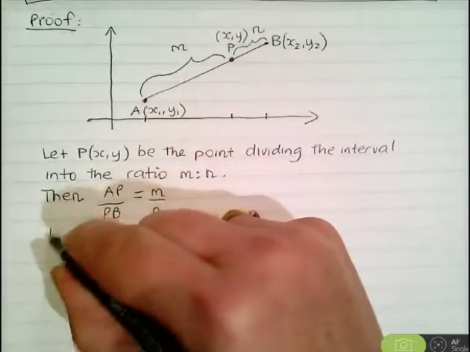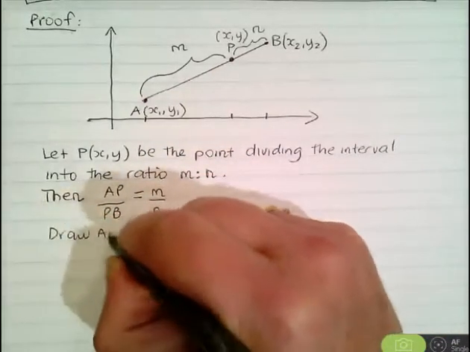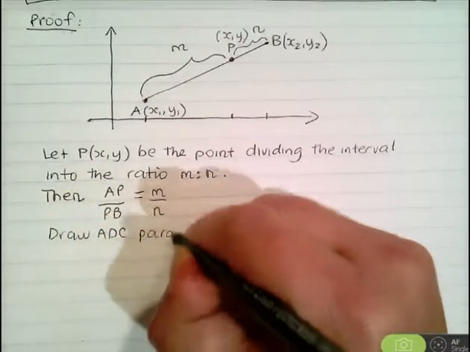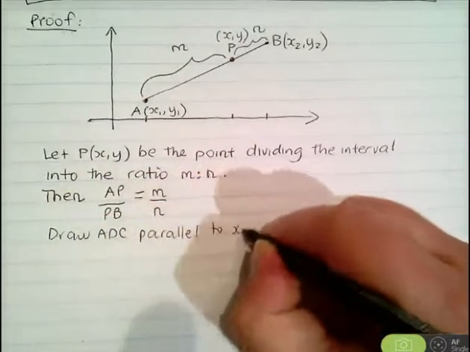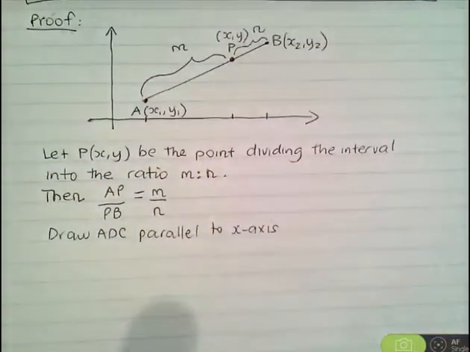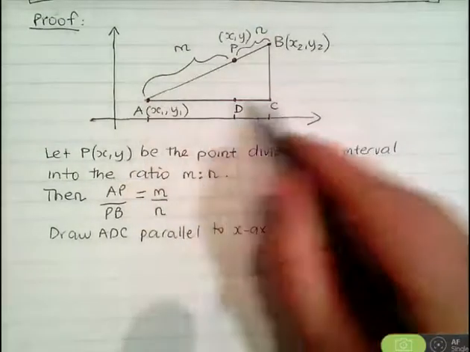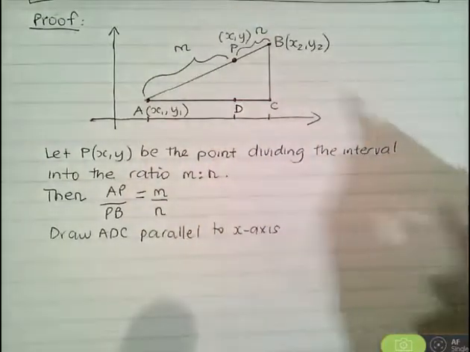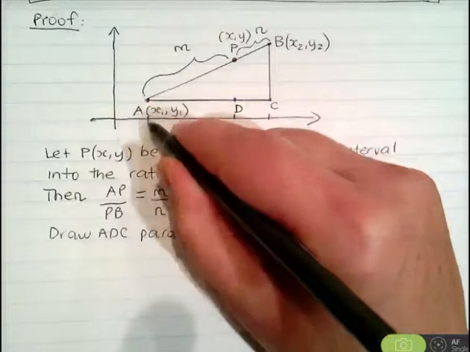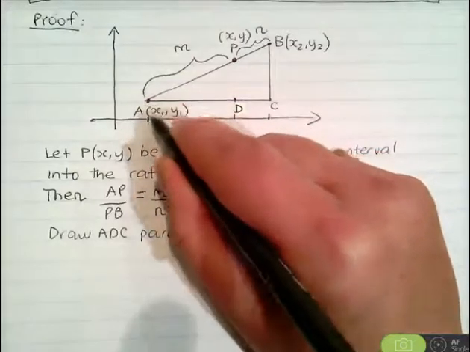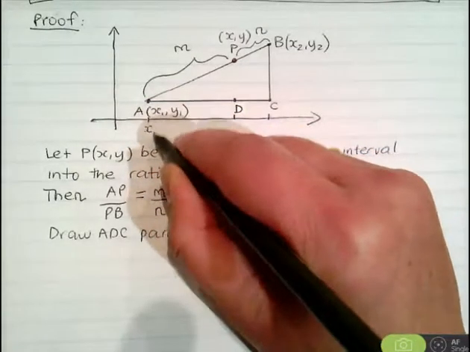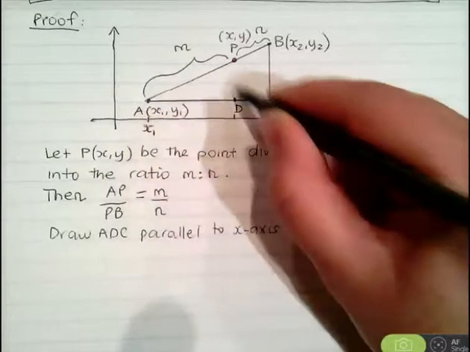Now, if we draw ADC parallel to the x-axis, and draw up some right-angled triangles, I've just drawn ADC parallel to the x-axis. I'm just going to write down the x values. Now, if this point A is x1, y1, then this position on the x-axis is x1.